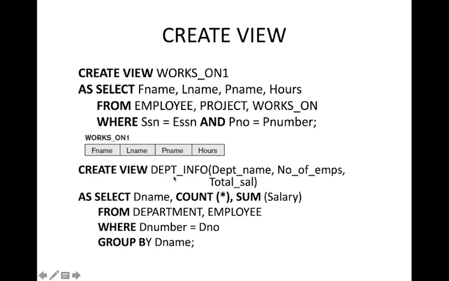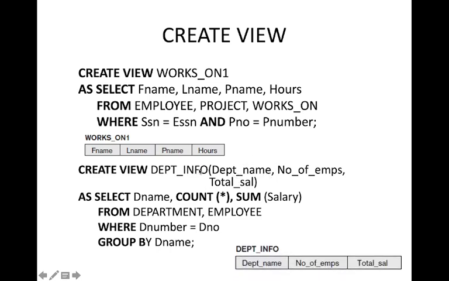So that table will be called department underscore info, and these will be the attributes, the column names of that view. Okay, so we will get department name, number of employees, and total salary. So we get a new table. This is a virtual table, so we cannot make any updations, but we can retrieve any information. We can retrieve information using the select statement.